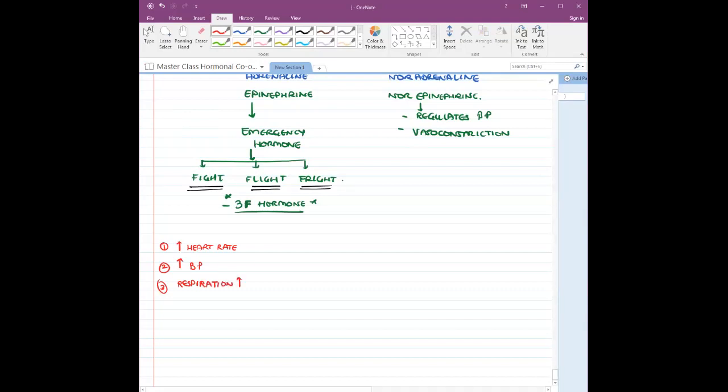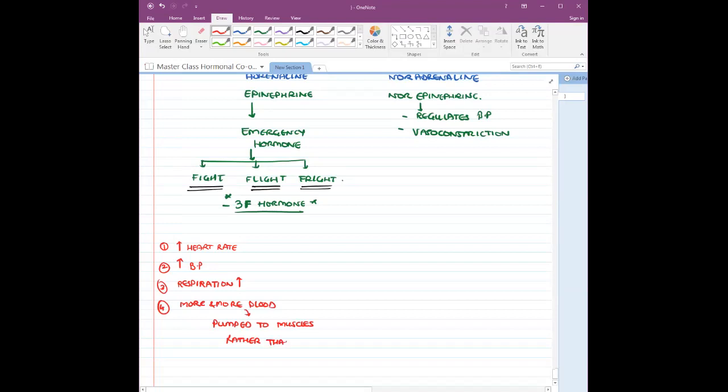You are respiring that way. If respiration increases, let's say you are about to fight someone. Heart rate has increased, blood pressure has increased, respiration has increased, but now you require more energy in your muscles. So more and more blood is going to be pumped to the muscles rather than the skin, so that muscles can utilize that blood energy and it can help you in fighting.